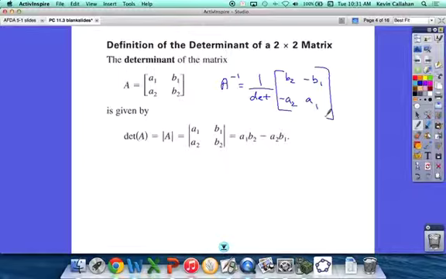In order to do the determinant, this was the operation: you do A1 times B2, minus A2 times B1, along the diagonals. This times this, minus this times this. That's the math. In the end, it's not that hard of a thing to do. So remember that operation.